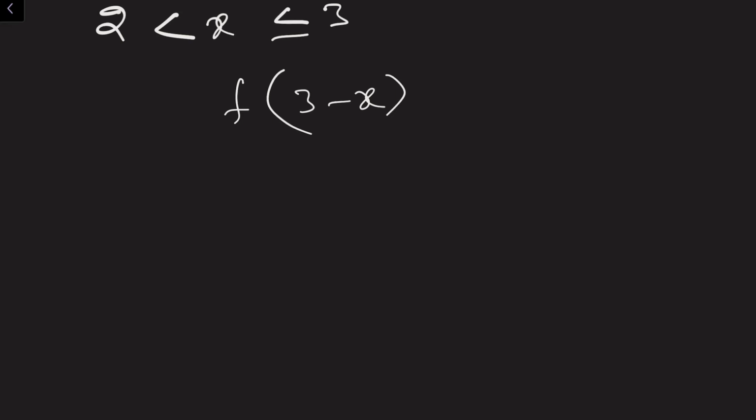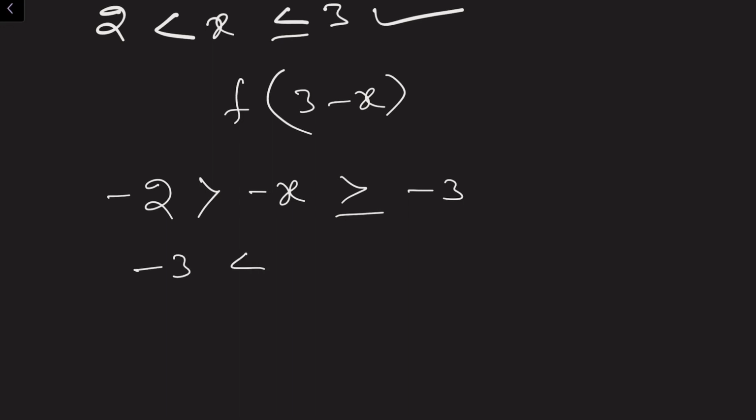First for this condition I'll apply a negative symbol. So minus 2, whenever we are applying the negative symbol, the inequality symbol will change. Less than will become greater than, x will become minus x, greater than or equals to 3 will become minus 3. Written in reverse, minus 3 less than or equals to minus x less than minus 2.